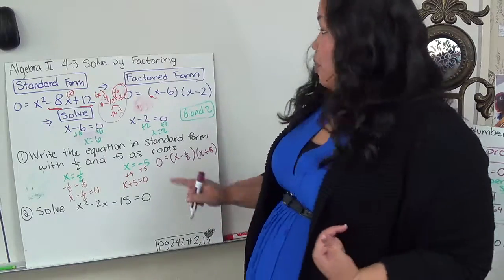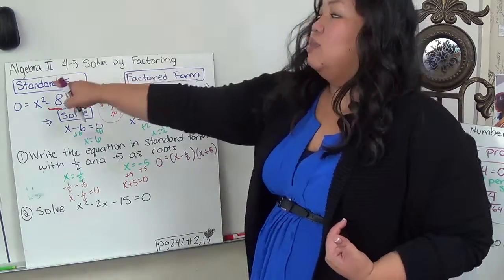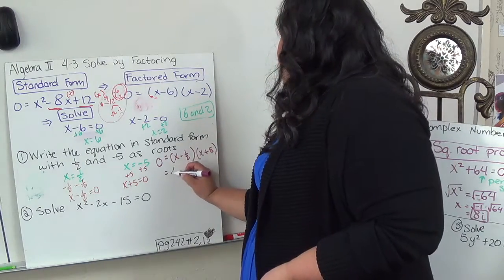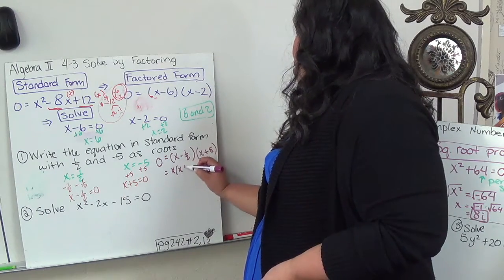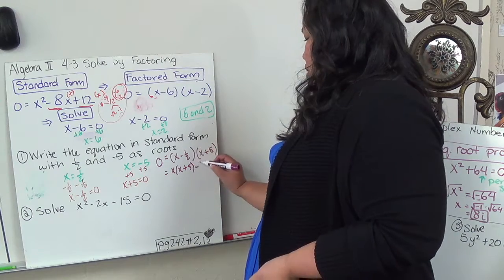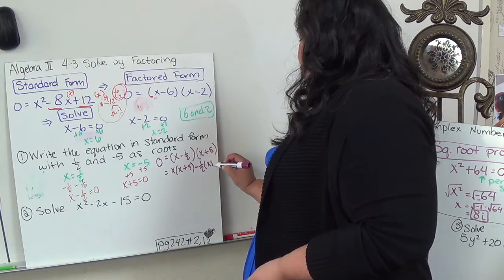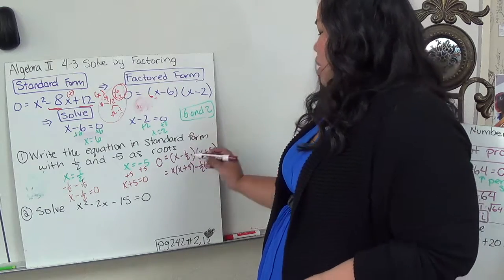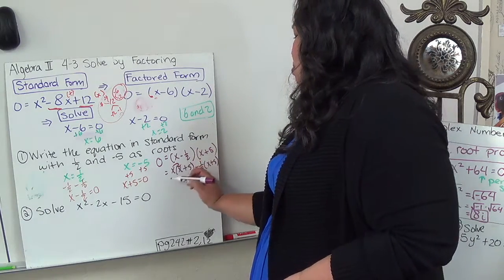So they didn't ask me for factored form. They asked me to put it in standard form. So I'm going to multiply it out. It's going to be x times the second, and then negative 1/2 times the second. So you take this term, multiply it by the whole thing, and this term, multiply the whole thing, and I distribute and combine like terms.